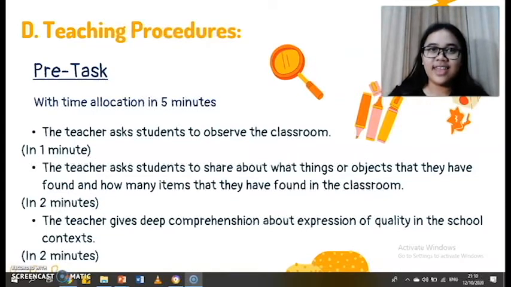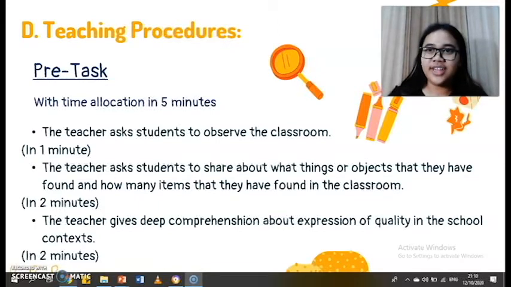The second is the teacher asks students to share what things or objects they have found and how many items they have found in the classroom, in 2 minutes.